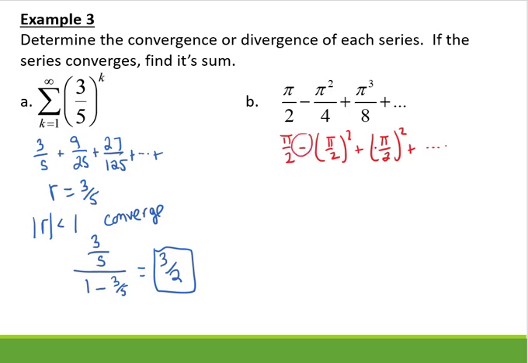So my ratio here is negative pi over 2. And I need to determine if that is greater than or equal to 1. It is greater than 1. So therefore this diverges. I knew this because pi was 3.14. 3.14 divided by 2, I know it's going to be greater than 1.